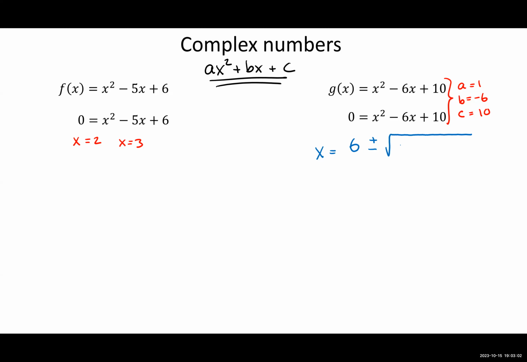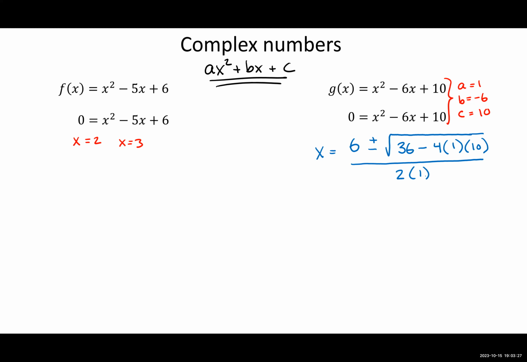That's -6 times -6, which is 36, minus 4 times a, which is 1, times c, which is 10. I'm just plugging these 3 numbers into the quadratic formula, all divided by 2 times a, so 2 times 1.